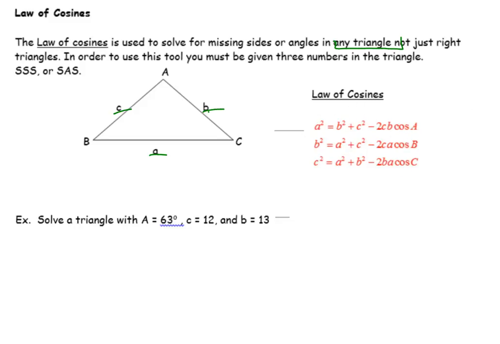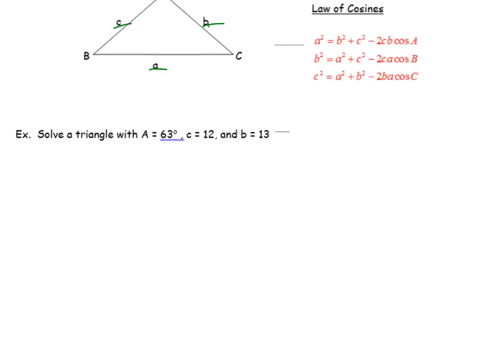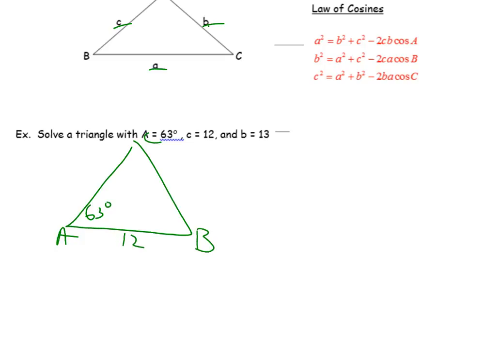In this example, I'm given angle A is 63 degrees, side C is 12, and side B is 13. Drawing my picture out, I get A, B, and C. A is 63 degrees, side C is 12, and side B is 13.